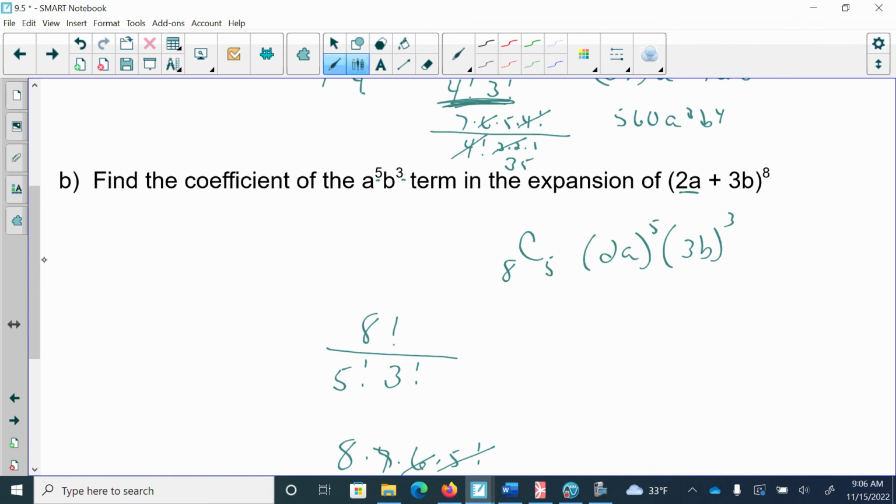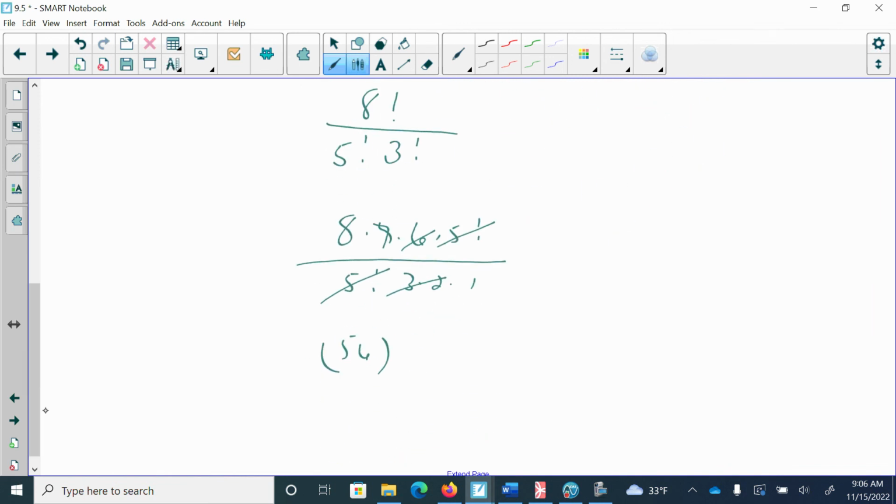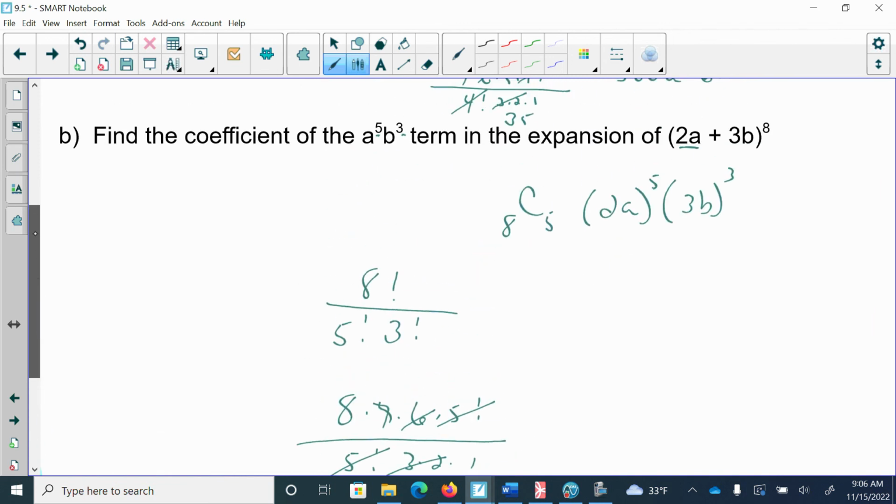So I'm going to have 56 up here. I'm going to have 56 times 2 to the 5th, which is 32, a to the 5th, times 3 to the 3rd, which is 27, b to the 3rd.